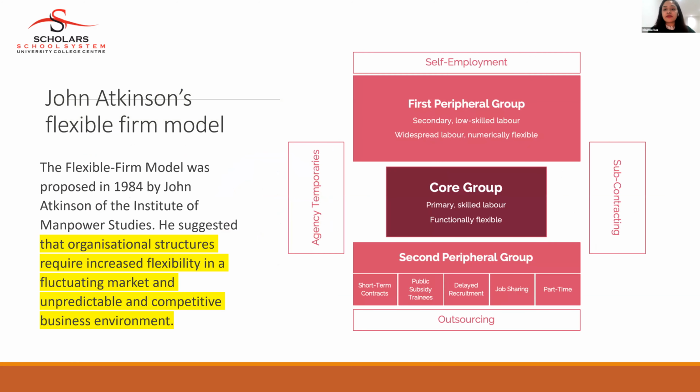The next flexible firm model is John Atkinson's flexible firm model, which proposes that organizational structures require increased flexibility in a fluctuating market and an unpredictable and competitive business environment. So Handy's organizational culture is based on the type of organization it is.